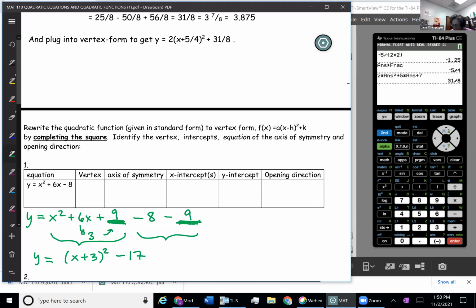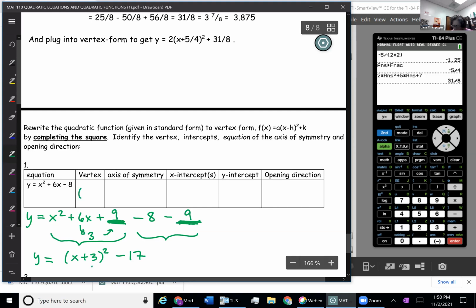So the vertex, remember, is the opposite. You have a kind of an opposite horizontal shift, and then minus 17 for the vertical shift. The axis of symmetry is always going to be x equals the x-coordinate of the vertex.